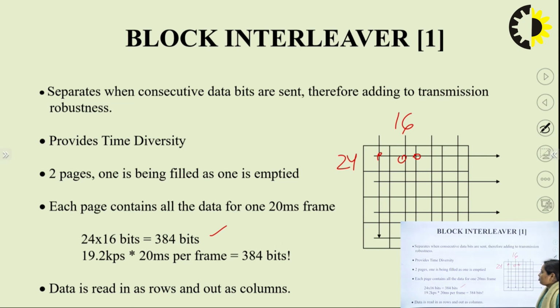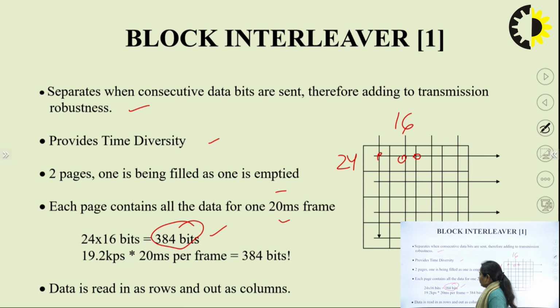It separates consecutive data bits when sent, therefore adding to transmission robustness. It provides time diversity. Two pages are there, one is being filled as one is being emptied. Each page contains all the data for a 20 millisecond frame. So, it is 24 into 16 bits, and the total number of bits will be 384 bits.